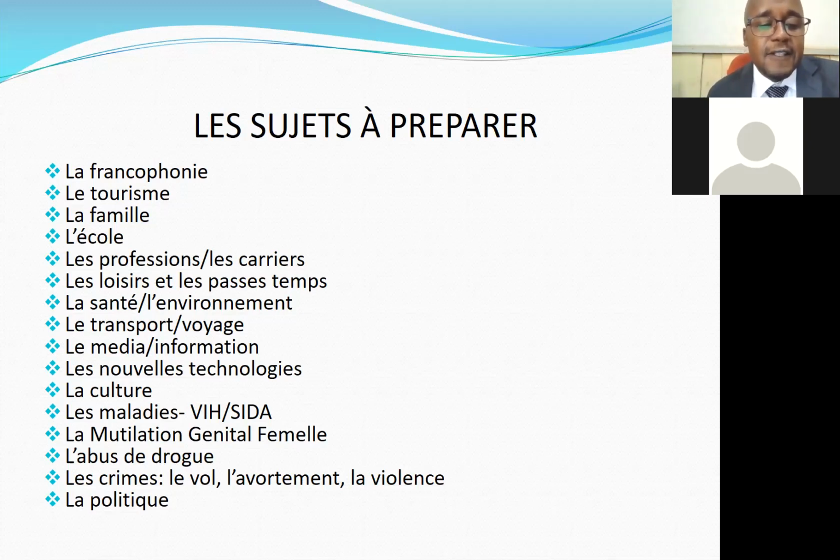What are their effects? Then we have les crimes, le vol, theft, l'avortement, abortion, la violence. Like now we have la violence dans les écoles. So it is a topical issue that can easily be thrown into the exam room.